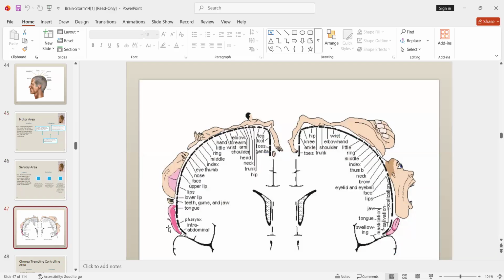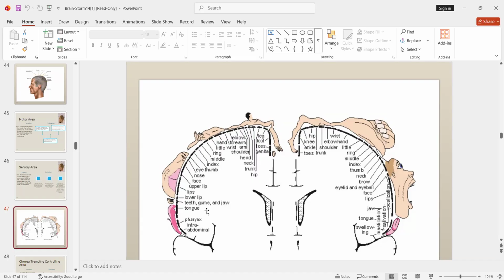Yes. Homunculus. This is the motor cortex and sensory cortex homunculus. In this picture, you can see all the organs are situated on the precentral or postcentral gyrus.